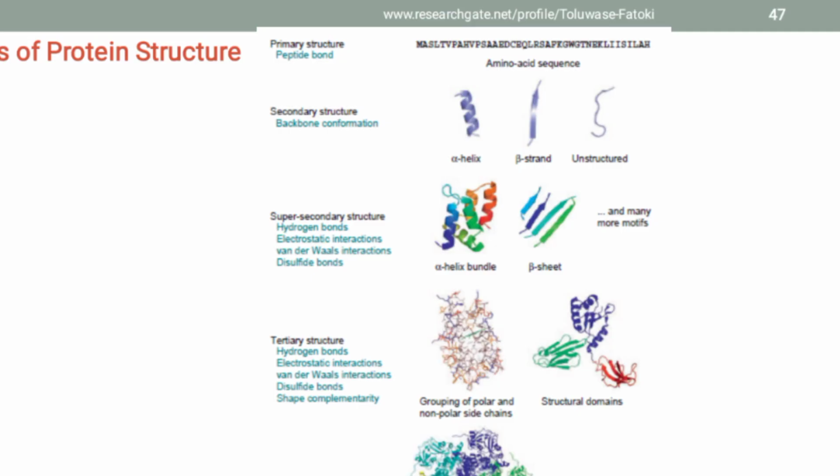Okay, so this particular tertiary structure is stabilized by the hydrogen bond, electrostatic interaction, that is the charge of one amino acid interacting with the opposite charge of another amino acid. Then we have van der Waals interaction. Then we have a disulfide bond, cysteine linked with cysteine to form disulfide bridge. Then we have shape complementarity.